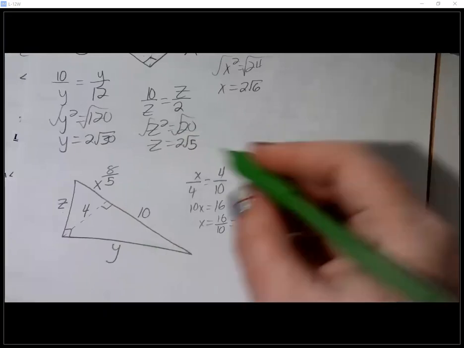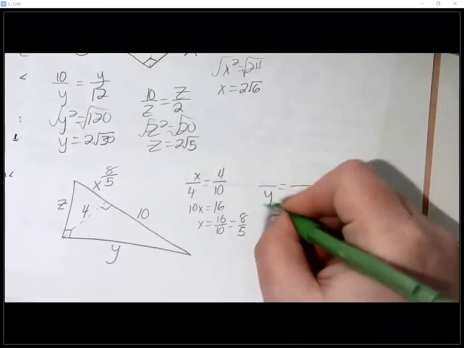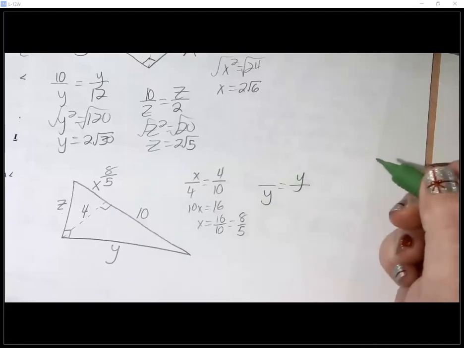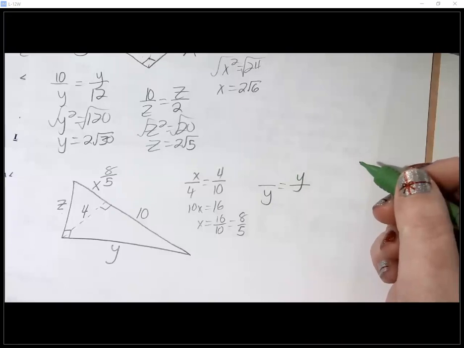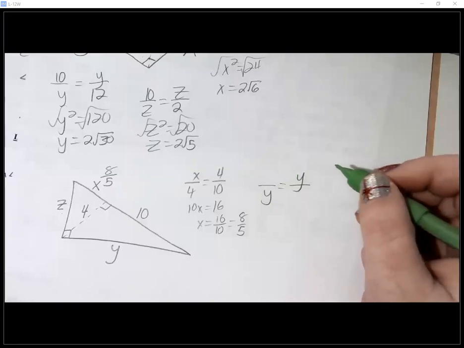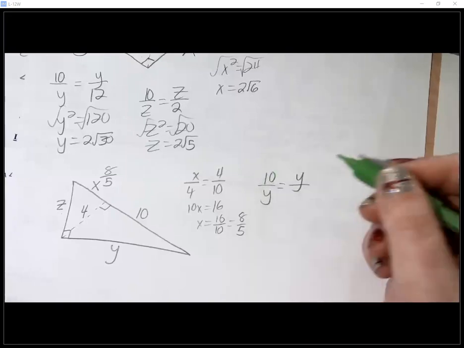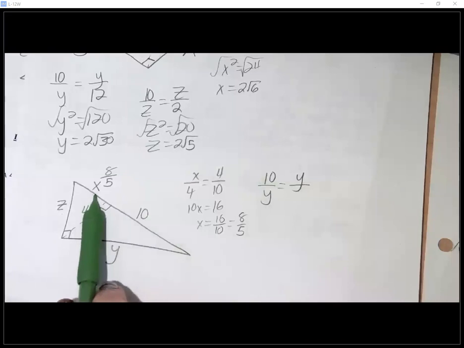Y, someone tell me, would be the geometric mean between what and what? Go ahead, Patrick. 10 and 10. So it'd be 10 plus X, right? Because you'd want the whole hypotenuse.